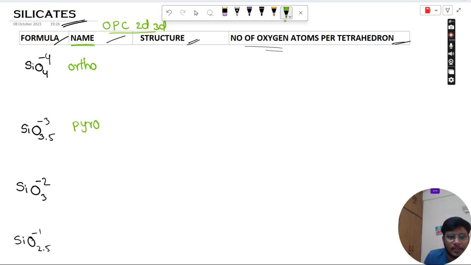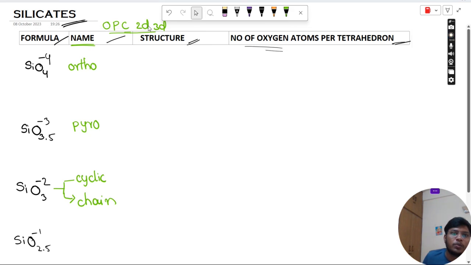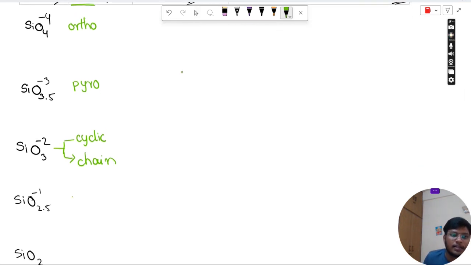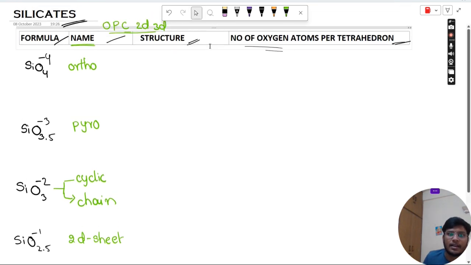P means pyrosilicate. C can be referred to in two terms: cyclic, and the second one, chain. And the remaining are 2D and 3D. These are the 2D silicates, that is sheet-like structures, and SiO2 is a 3D silicate. Like this the naming system can be done.